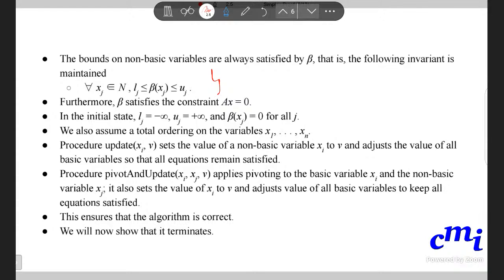But we are initializing it specifically like this: in the initial state, the bounds are minus infinity and plus infinity, and all of them are set to 0. So that's the way we're initializing it. That's why.